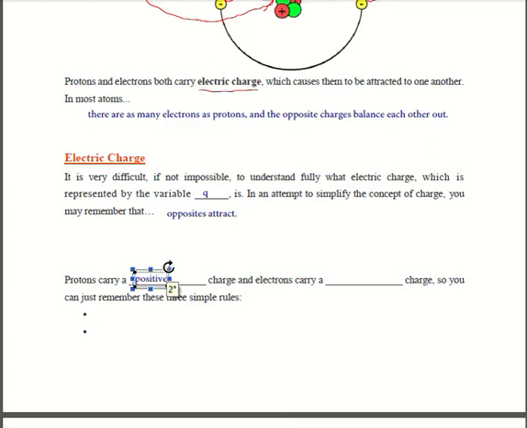As the guy in the Khan Academy said, that is totally arbitrary. We could have called it anything we wanted, but someone chose positive. So protons are positive and electrons are going to carry a negative charge. More important, they're just opposite of each other.